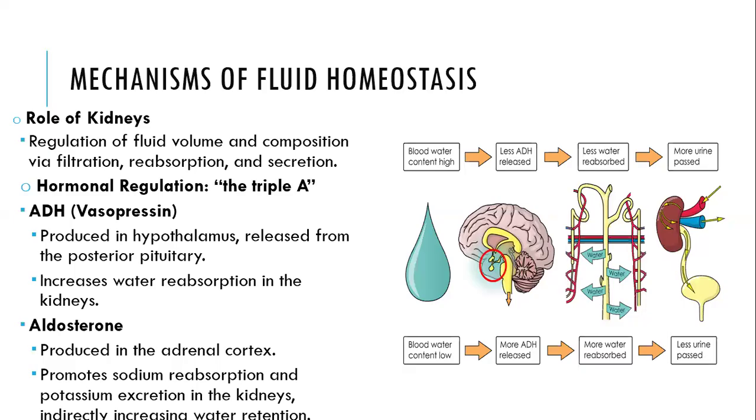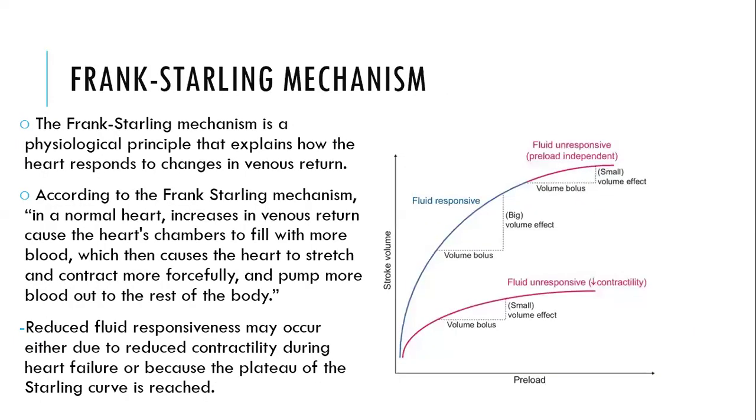Aldosterone is a hormone produced in the adrenal cortex that promotes sodium reabsorption and potassium excretion in the kidney, and indirectly increases water retention. The third one is the atrial natriuretic peptide, which is released from the right atrium in response to states of hypertension, and all these help in regulating fluid homeostasis in health.